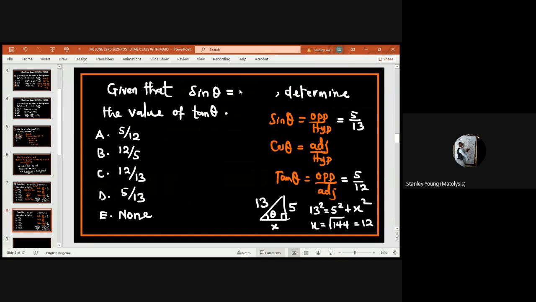So here I choose to give 4 over 5. And here, the question asks you to find the value of sine theta plus cos theta.